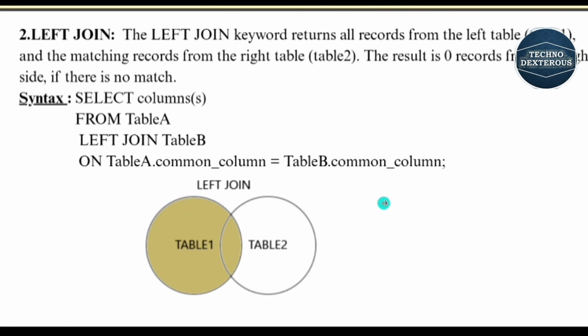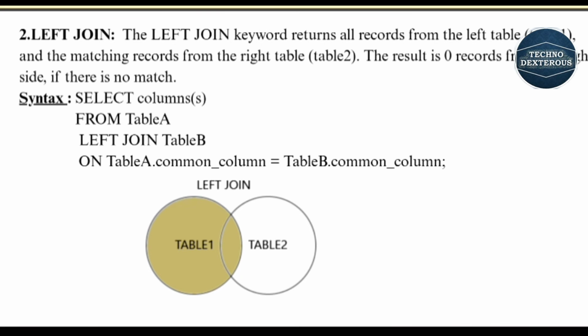Then left join. Here we understand what is the left join. Left join returns all the rows from the left table and matching rows from the right. If no match in the right table, it shows null.